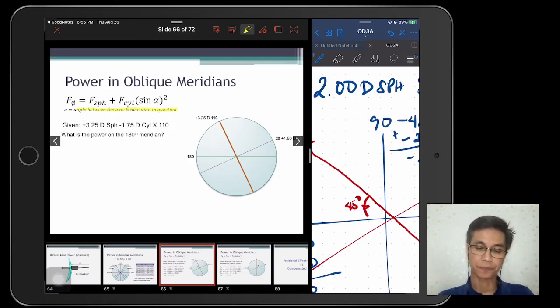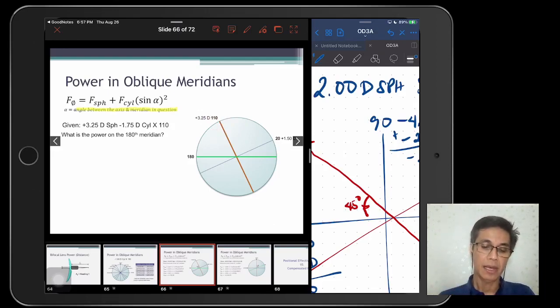Ang tanong, isipin muna natin lagi. Ito ngayon ang ating meridian in question, itong 180. Ang tanong, how far is this from meridian 110? At tandaan, ang meridian 110 natin dito is our axis.